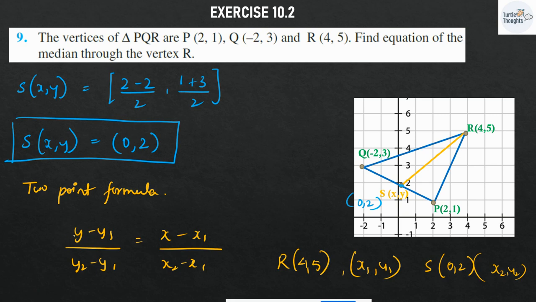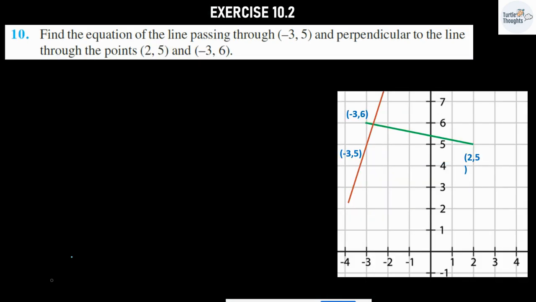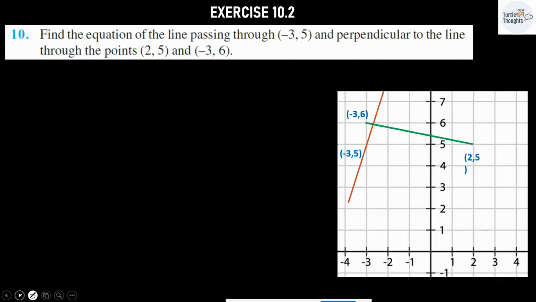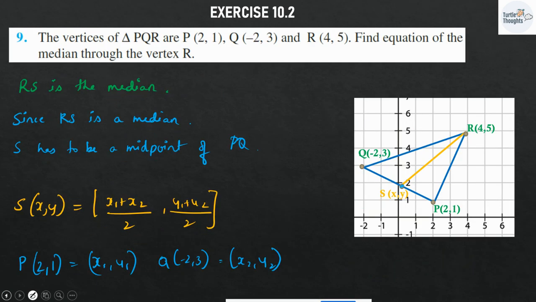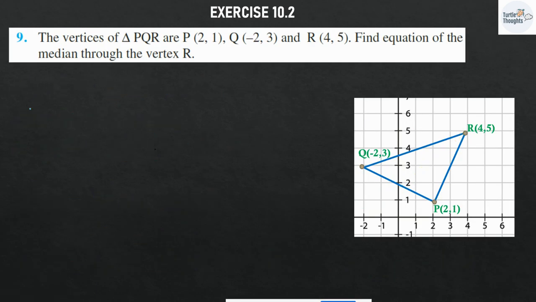Now I will be substituting the same in this equation. I will be getting (y - 5)/(2 - 5) equal to (x - 4)/(0 - 4). So I need to take the cross product.